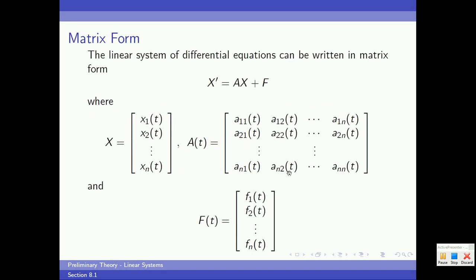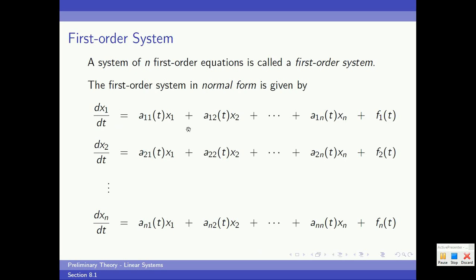Okay, so what you're going to end up seeing and what we're going to end up working with is the matrix form of the equation. Just skipping back up here to this equation, you can notice that on the left hand side you have the derivative of a vector x1, x2, all the way to xn. And notice these are written a lot like a matrix is.